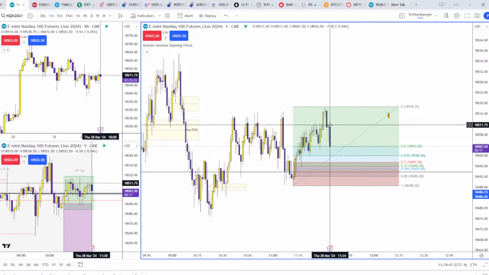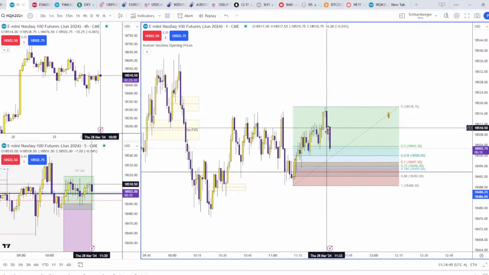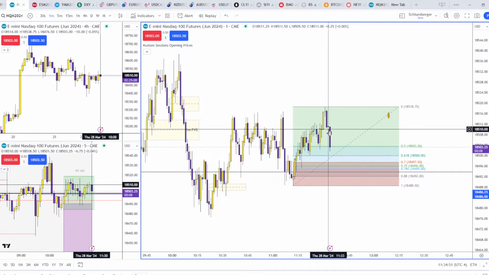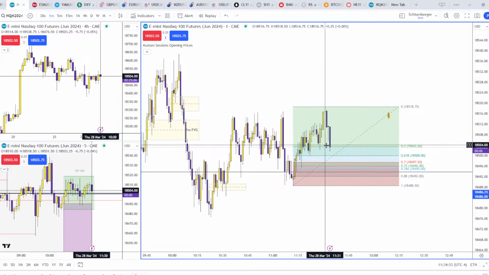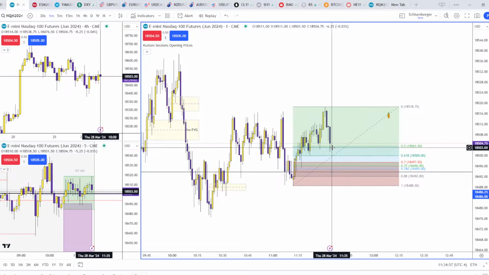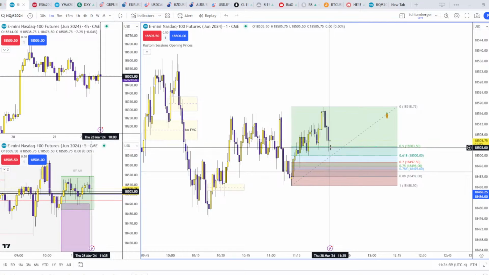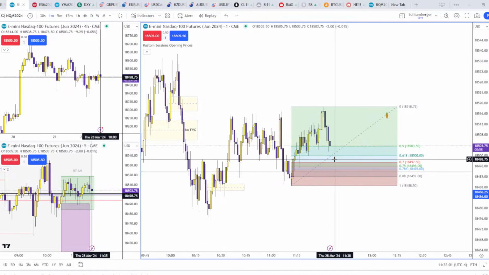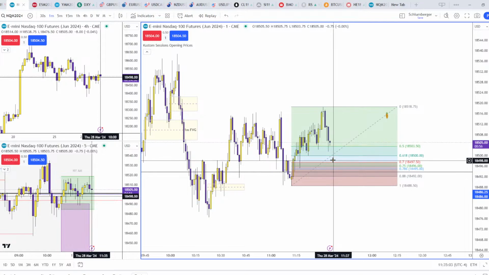If you could have got in on that right away, which I don't think any of us would have caught that quick. Just as it's starting to come down, you're like, okay, I want to put, oh, too late, it's already gone. You'd be paying yourself right there at 50%. You'd slam that right up against break even. Take yourself some profits. If it gets to 60, move to 50.